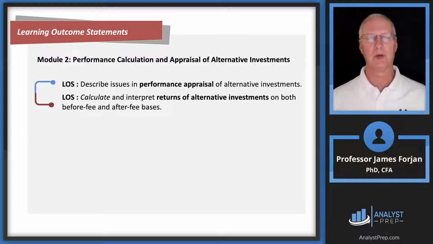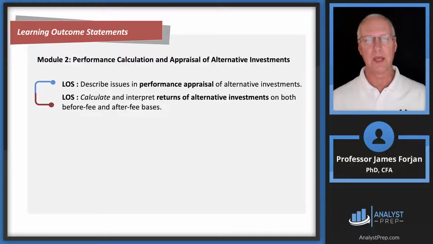So let me give you my introduction here. Look, if we go to the floor of the New York Stock Exchange and we buy at 100 and sell at 110, we can clearly compute that 10% holding period return on that particular security. Well, remember back in module 1, we talked about all of the unique characteristics of alternative investments.